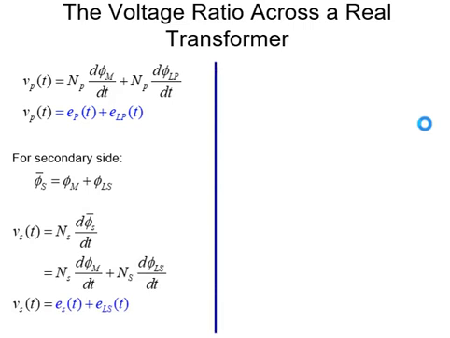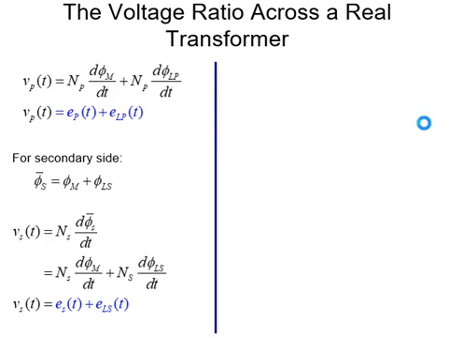And for the secondary side, phi of S is equal to the mutual flux plus the leakage flux on the secondary side.